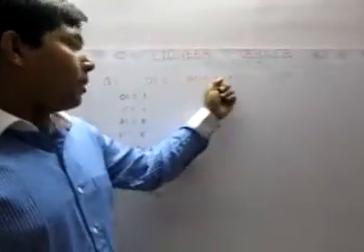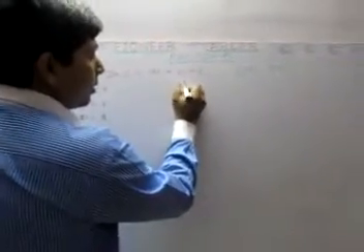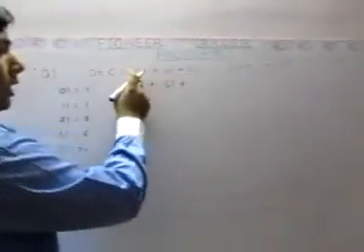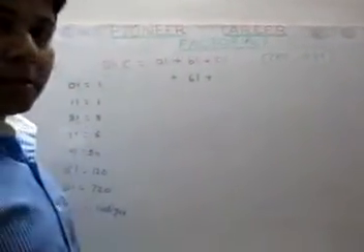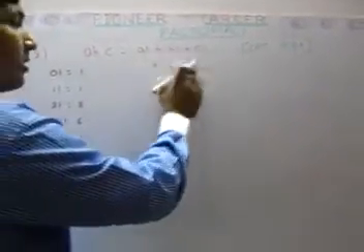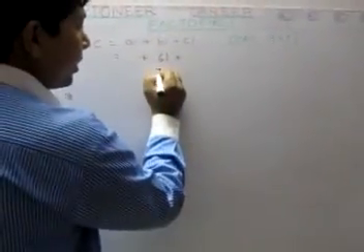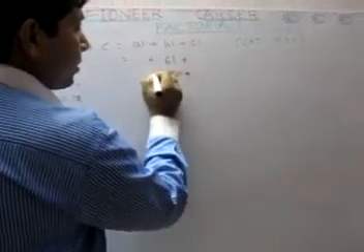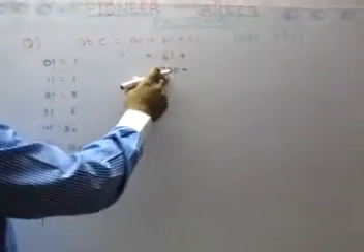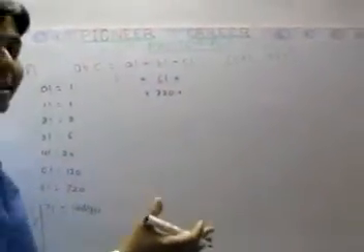Now let us assume one of A, B or C is equal to 6. That means 6 factorial plus something. We don't know whether A is 6, B is 6 or C is 6. We have assumed any one of them is equal to 6. Then 6 factorial plus something is equal to ABC. Now we know 6 factorial is equal to 720. So 720 plus something must be more than 700.